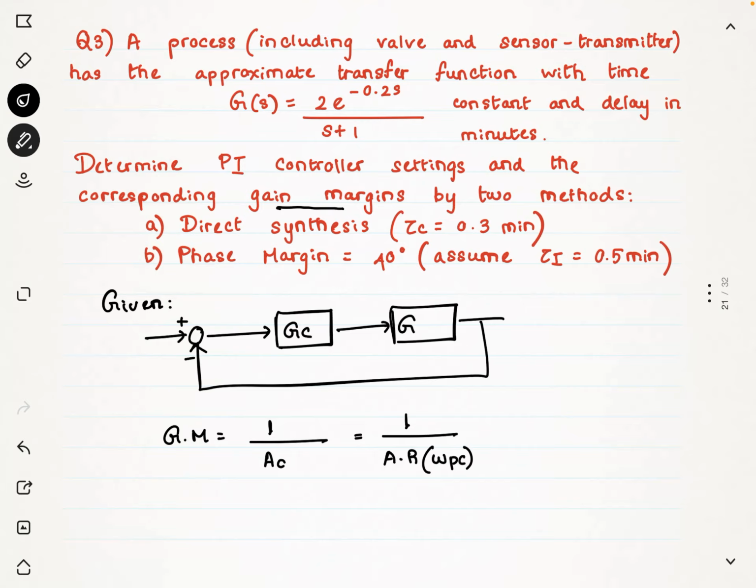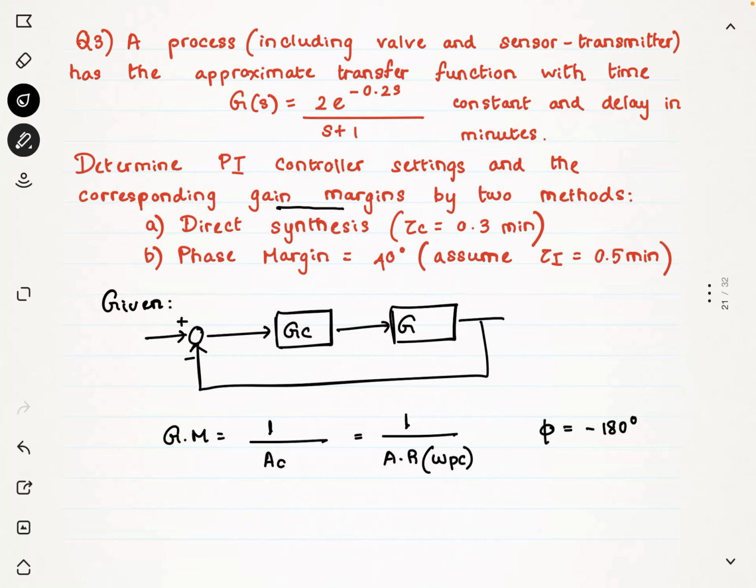So we have to find the amplitude ratio, and then we have to find the gain, so the phase crossover frequency, assuming the phase angle is minus 180 degree, and then we will be getting the critical amplitude ratio, and then if we take the inverse of the critical amplitude ratio, we'll get the gain margin.